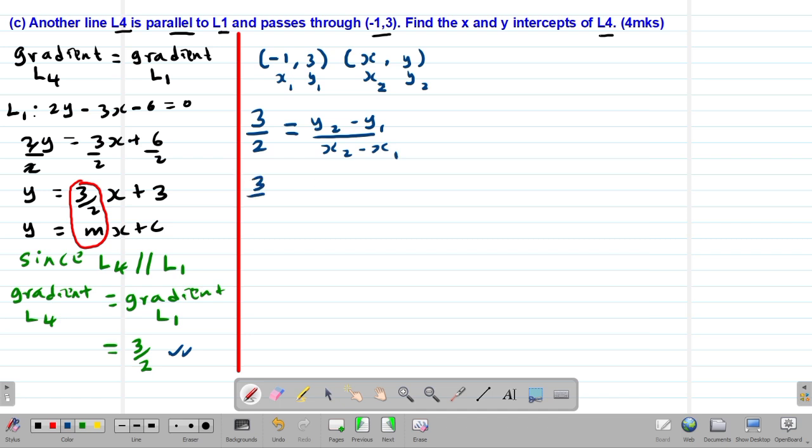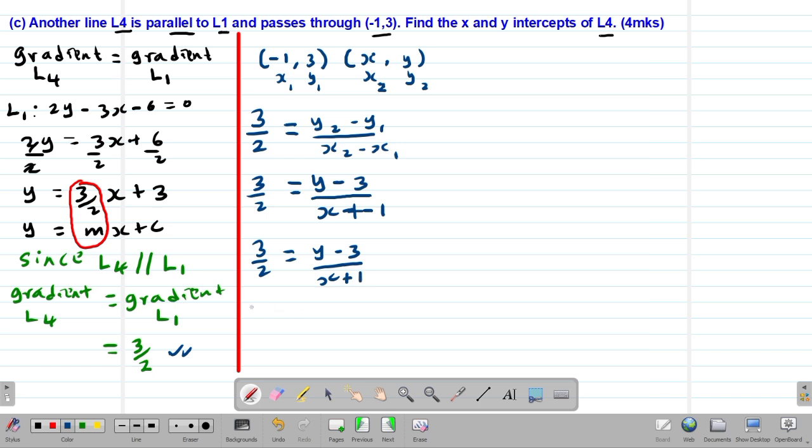Therefore, 3/2 will be equivalent to my y2, which is y, minus y1, which is +3, divided by my x2, which is x, minus my x1, which is actually -1. So this will be 3/2 being equal to y minus 3, divided by x. Of course, minus will give us a positive, so this will be x plus 1.